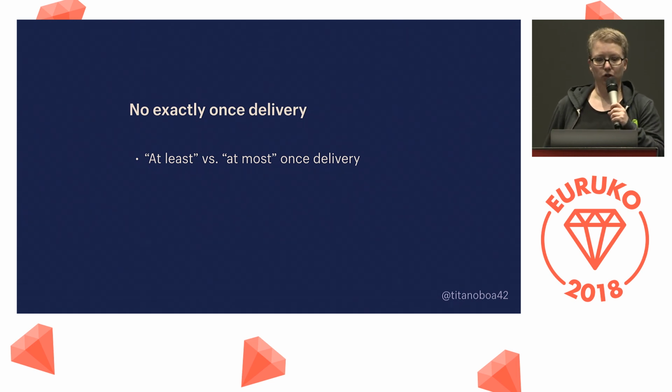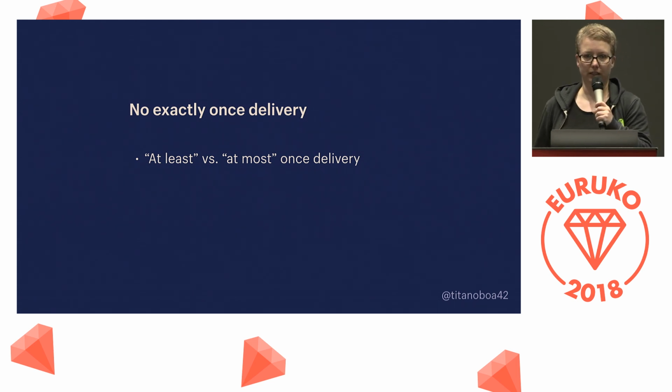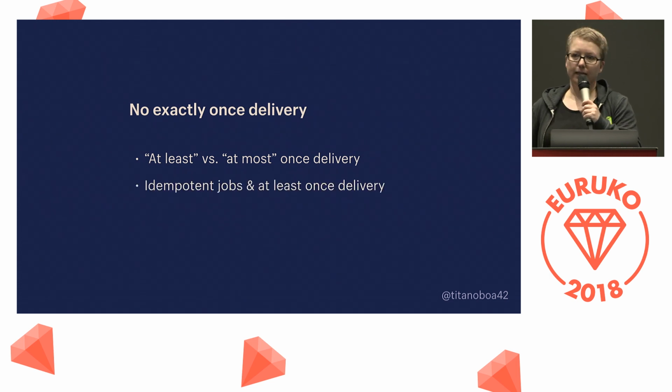But a better approach might be to carefully track all the charges we are making and make sure that the background job code is checking this state before making any kind of charge. This is making our job idempotent. Running it a second time is not going to create a second charge. And it allows us to opt for at least once delivery safely.